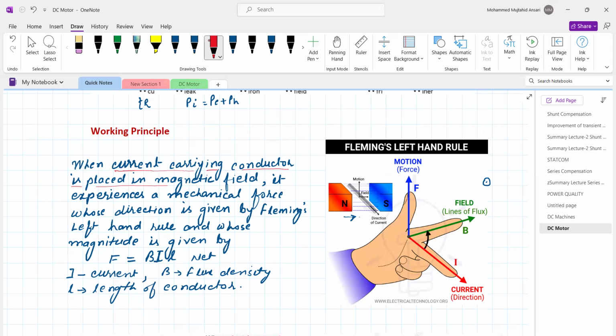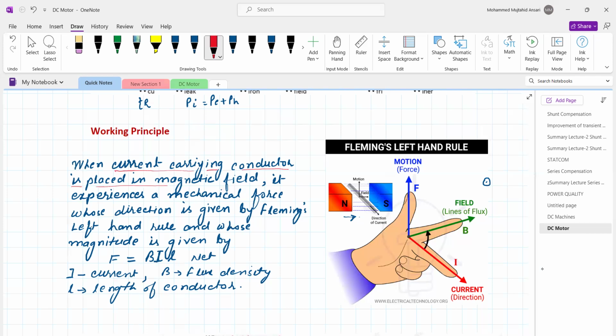And the magnitude of force developed in the conductor is F, where B is the flux density, I is the current, and L is the length of the conductor.